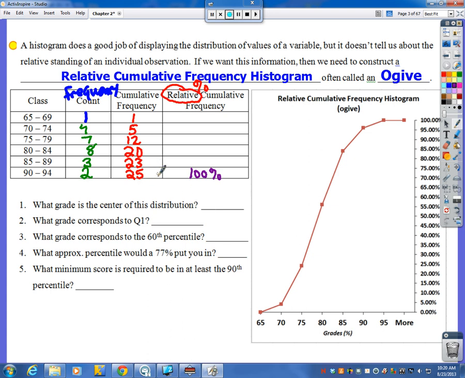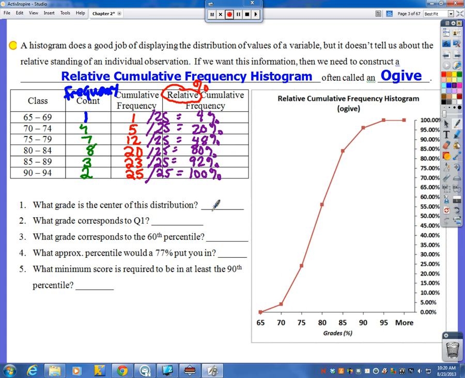So again, you can kind of think of this as 25 out of 25 makes our 100%. 23 out of 25 makes 92%. 20 out of 25, that's 80%. 12 out of 25 makes 48%. 5 out of 25 represents 20%. And 1 out of 25 represents 4%.